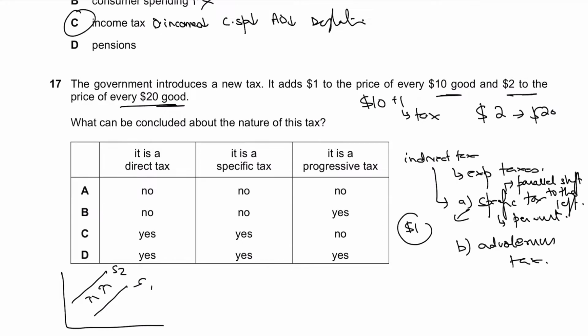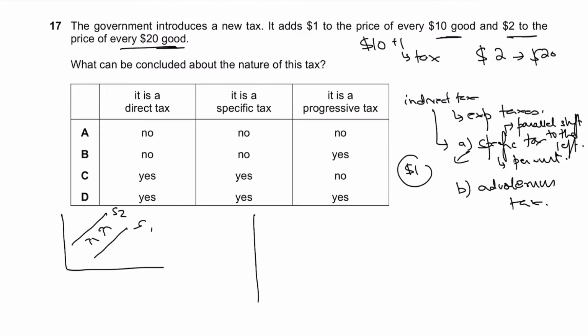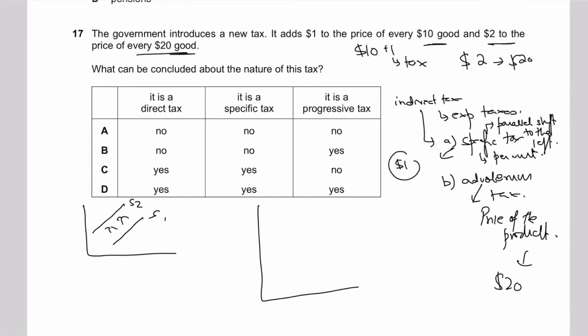Since it is an indirect tax, it's imposed on the firm, on the product, and that is why it is increasing the cost of the firm. However, an ad valorem tax is basically imposed on the price of the product. For instance, let's suppose the price is $20, the government could say, just like in this question, that it is imposing a tax of $2, or let's say it is imposing a tax of 10%.